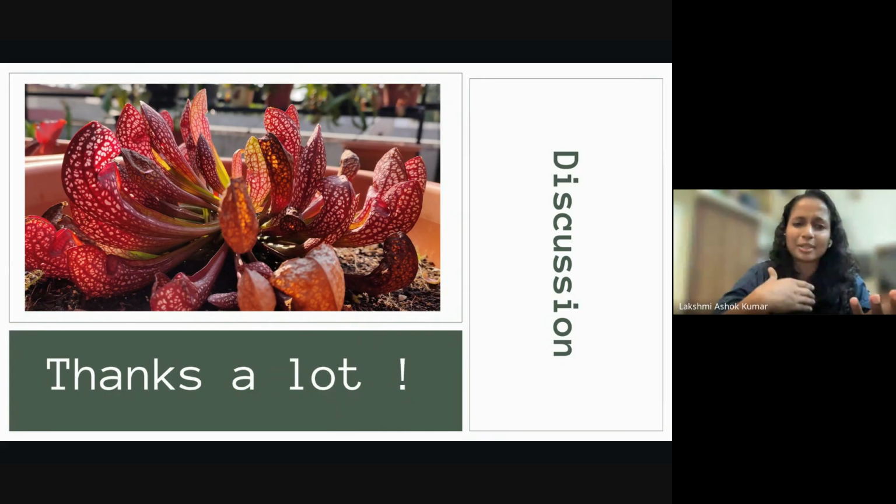So insects would simply fly and get stuck onto it. But I am not able to find any particular pattern in Drosera trapping, any particular kind of insects. They pretty much trap anything which flies past them. So I don't know how to streamline them.